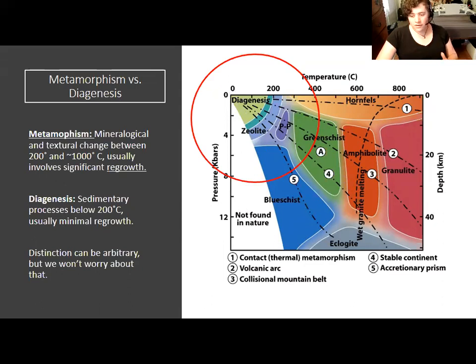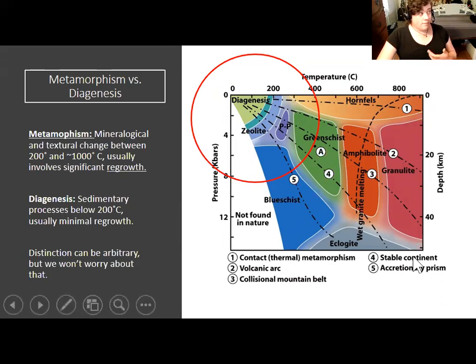Rocks usually have to reach a temperature of around 200 degrees Celsius before processes that we would consider metamorphism actually begin, before we get substantial recrystallization, before we get the old minerals actually turning into new types of minerals. And it can be a bit of an arbitrary distinction.